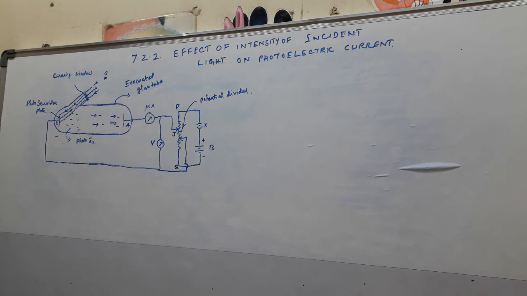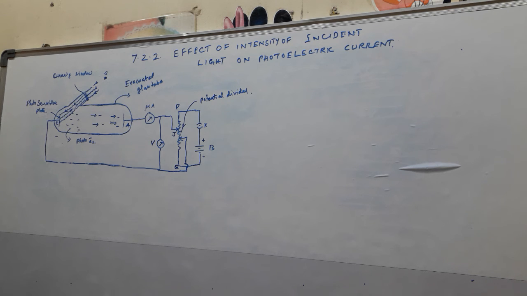So C is capable of emitting photoelectrons, whereas the anode is the positive terminal, which attracts the electrons emitted by the cathode.